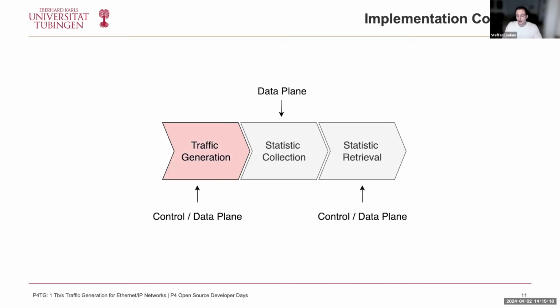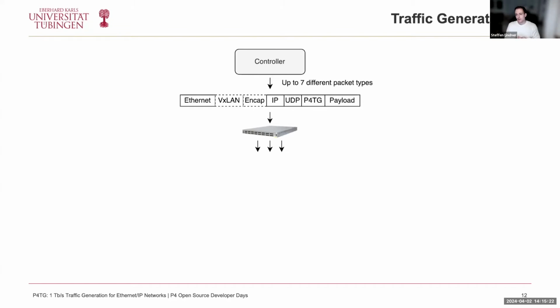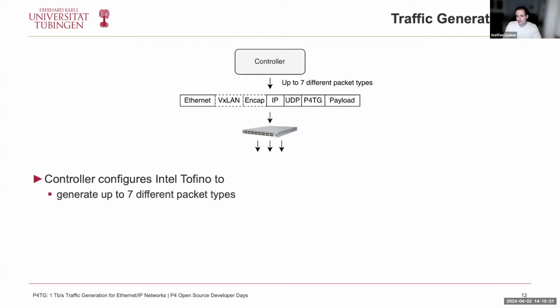Let's talk first about the traffic generation. I already said that we use the internal traffic generation capabilities. To that end, the controller configures the Intel Tofino to generate up to 7 different packet types with a given target rate and a given frame size.